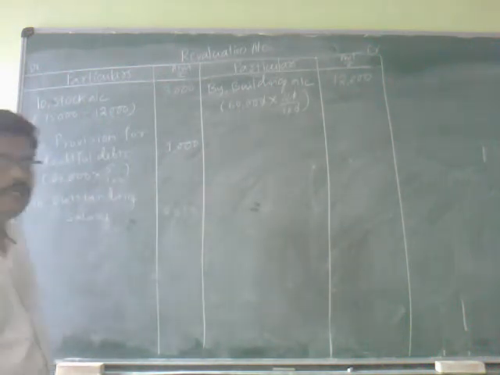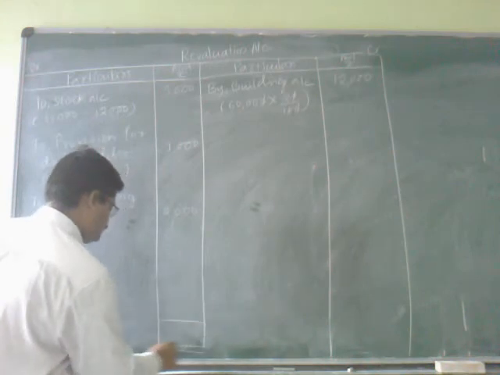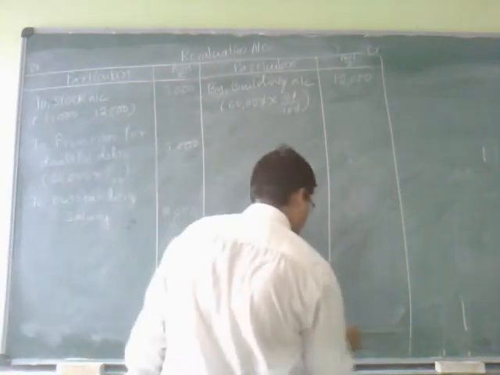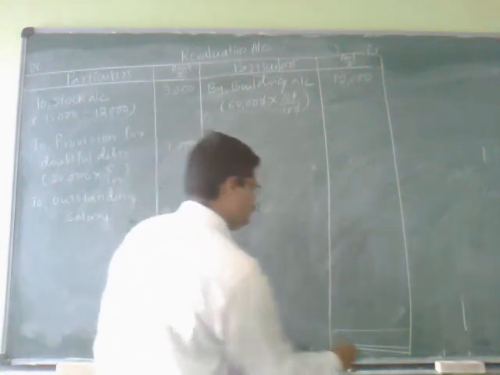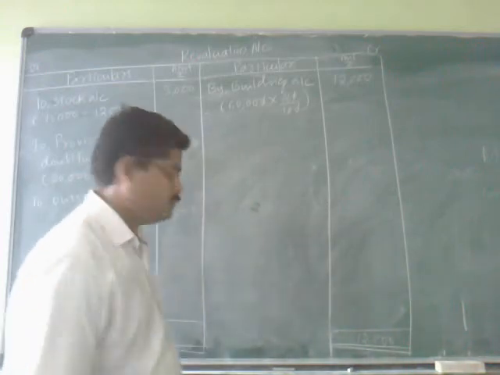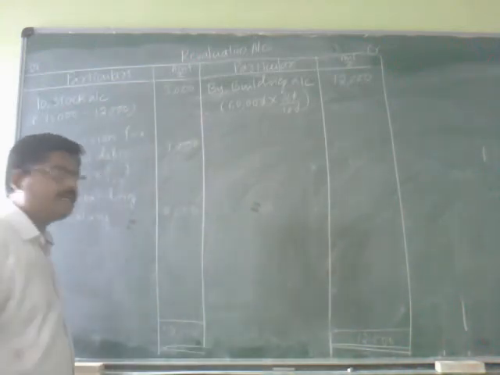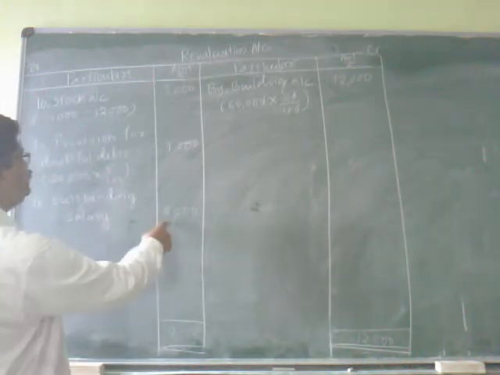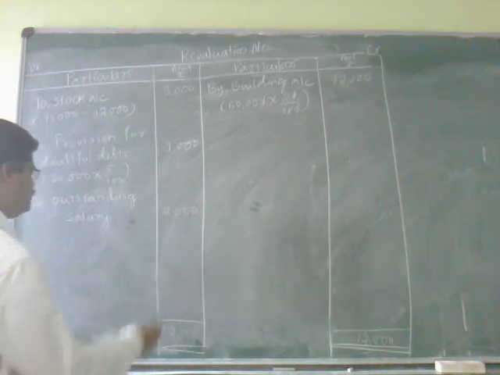Now I will close the revaluation account. Here the credit side will be more, 12,000, and the same amount I am going to write at the debit side also, and the difference will be 6,000.